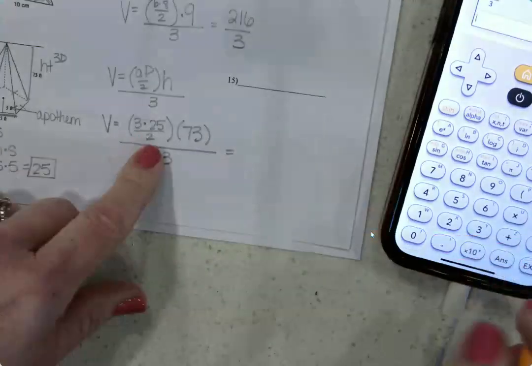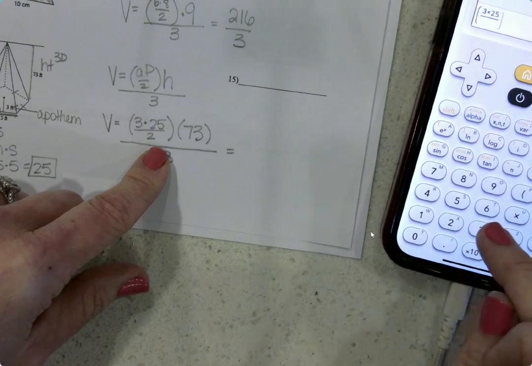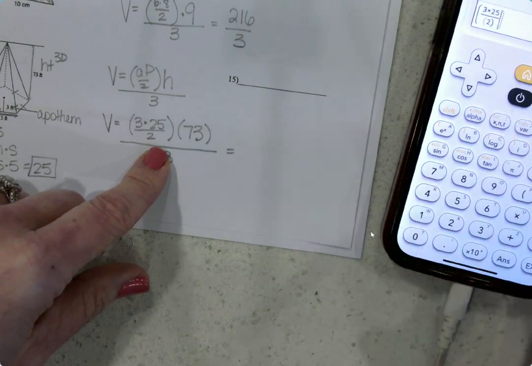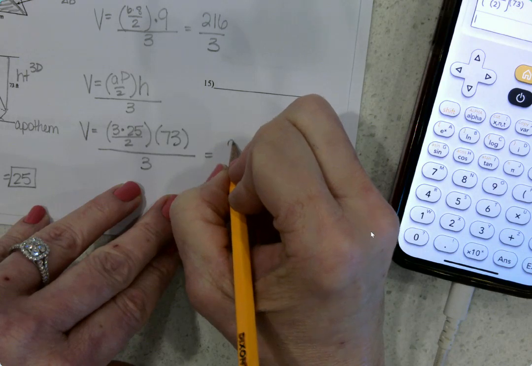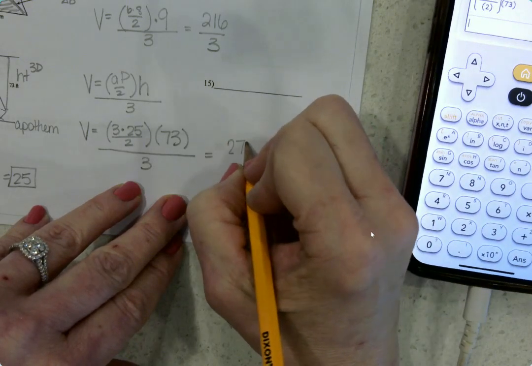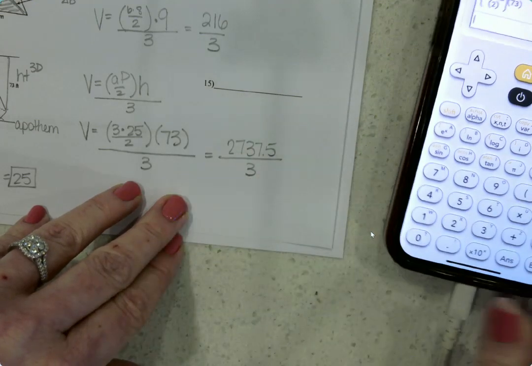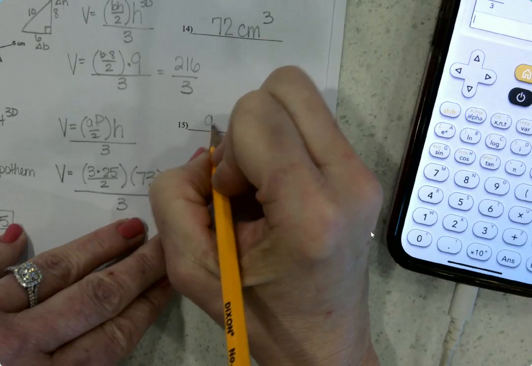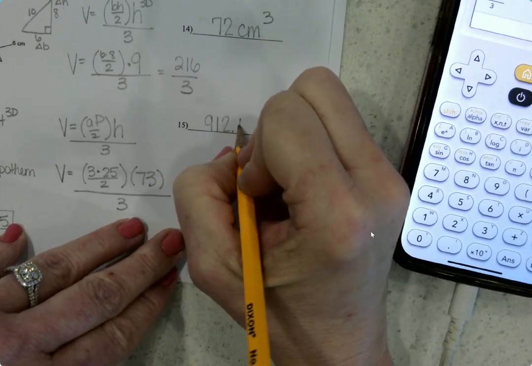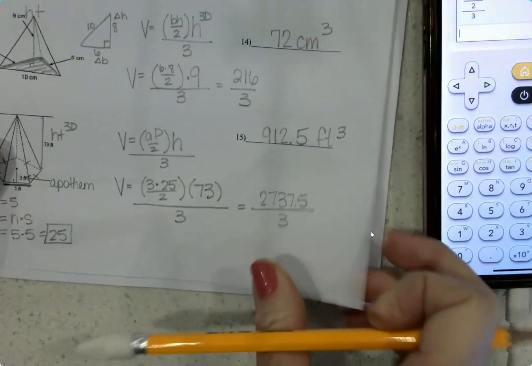Okay, so let's go figure out what this is. 3 times 25 divided by 2, and then multiply that by 73. So I'm going to get 2737.5, and then I have to divide that by 3. So my answer is 912.5 feet cubed.